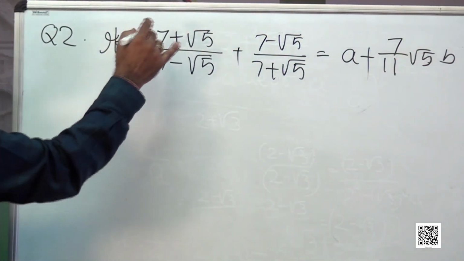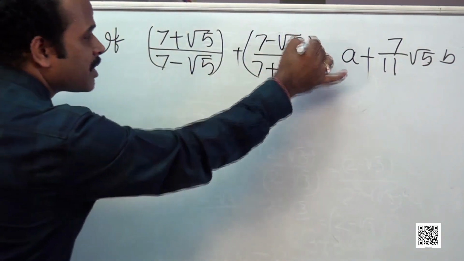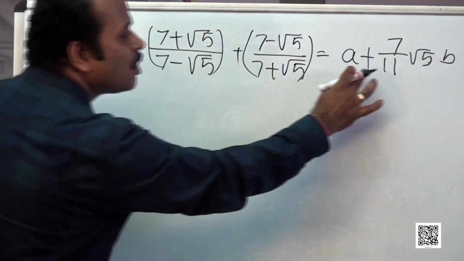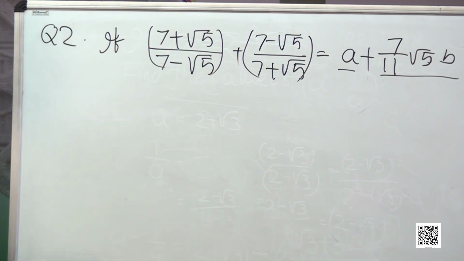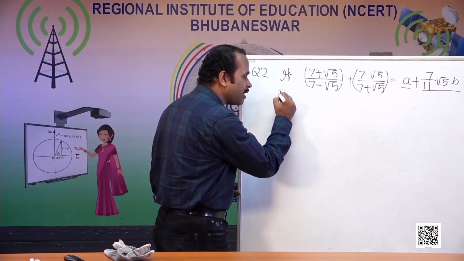Look at it now. This is an expression, and this is another expression. The sum of these two expressions is equated with the sum of another two expressions. So in such a case, how to find the value of a and b?